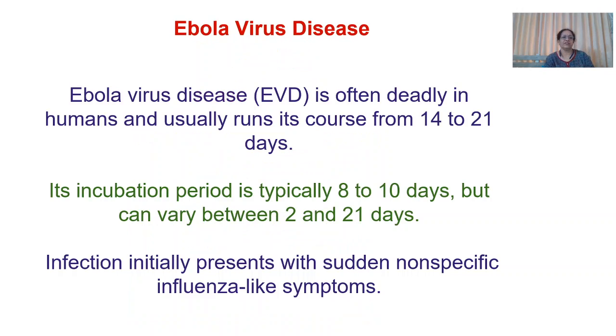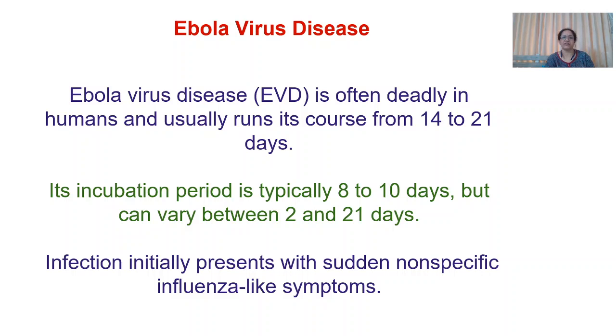As you know, this is a deadly disease of humans, and the course of this disease is 14 to 21 days. Its incubation period is typically 8 to 10 days. That is the time required from entry of viruses in the body up to appearance of clinical symptoms.